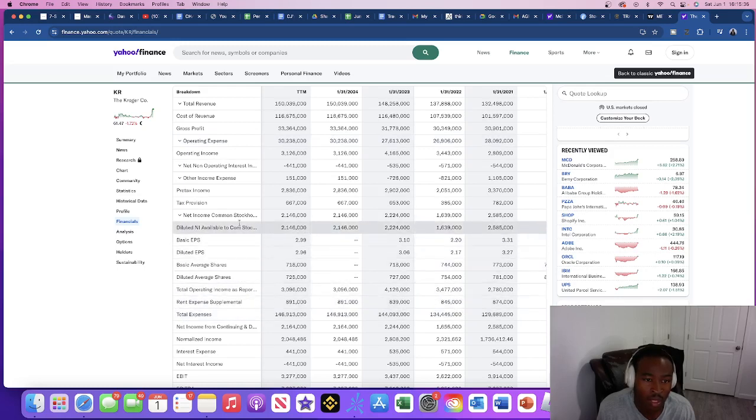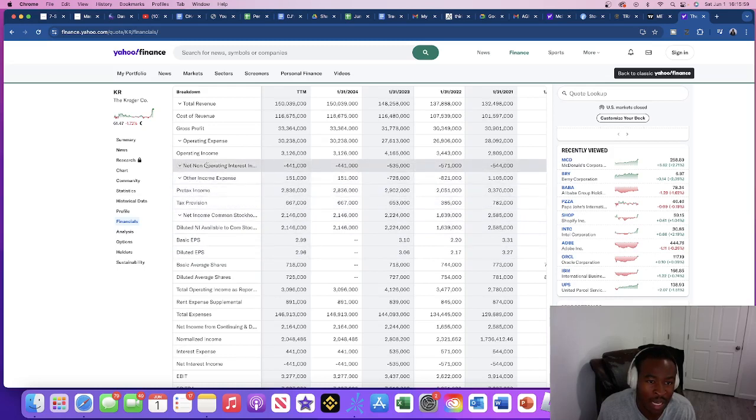Then you have to see net income. Net income is basically how much they kept after taxes and everything is taken out. So let's see if we can find net income.